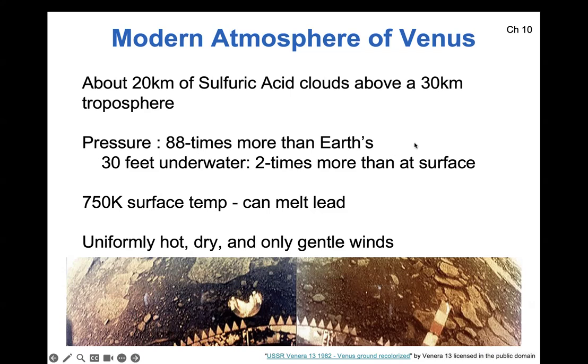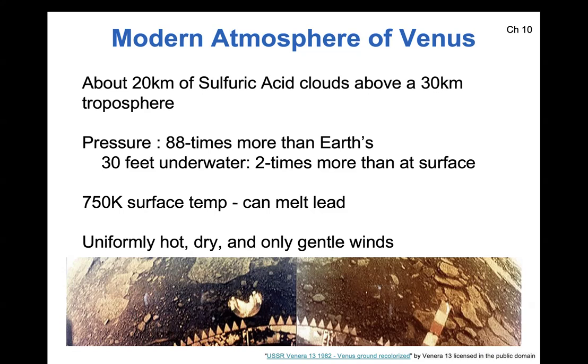So 88 times the pressure. All right, so that's equivalent to 30 feet underwater, and it's two times more than at the surface. Because I always hear it as approximately around 100.